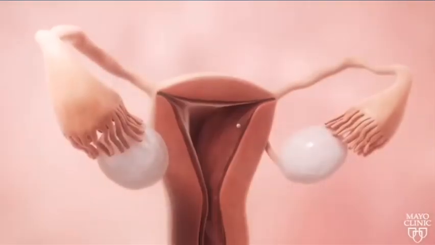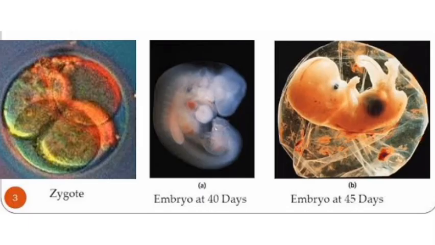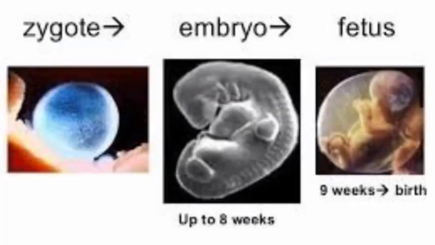The zygote divides many times to form a multicellular body. This mass of cells moves down into the uterus and gets attached to its wall. This multicellular mass of cells turns into an embryo and then a fetus. The embryo is the early developmental stage, and the embryo grows into a fetus or a baby.